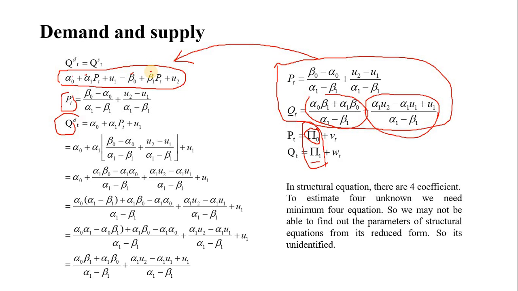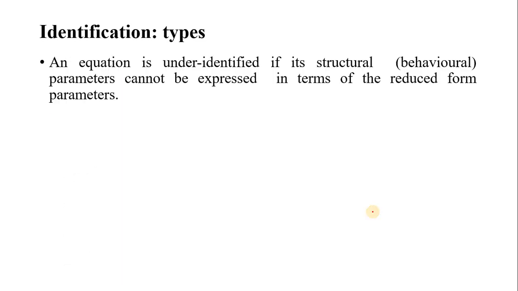In the structural equation there are four coefficients, so to estimate four unknown coefficients we need a minimum of four equations. But here we have only two equations, so we cannot solve these equations. So this equation is not identified.